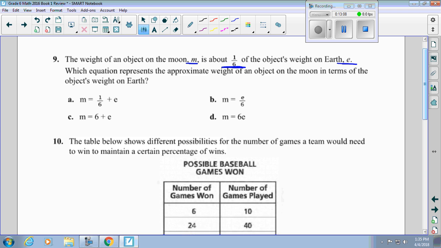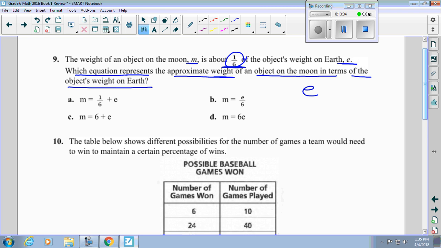So it says which equation represents the approximate weight of an object on the moon in terms of the object's weight on Earth. If we're on Earth, we weigh E, right? That's our Earth weight. On the moon, it says that we're 1/6 of that.